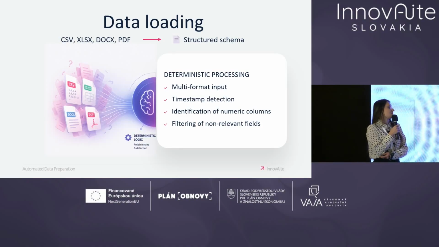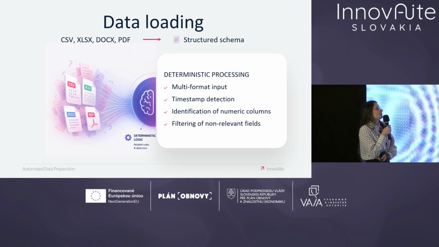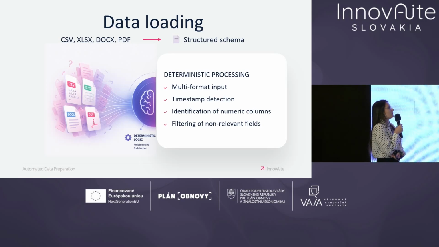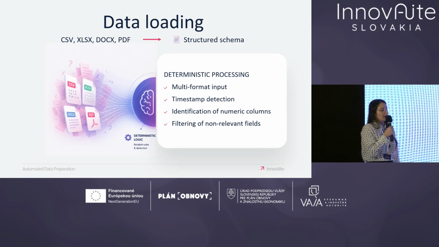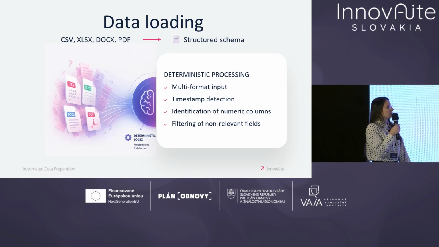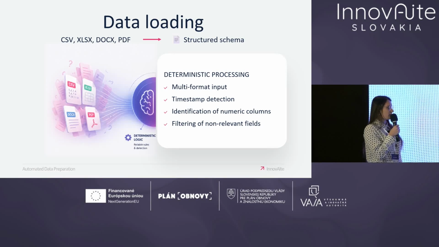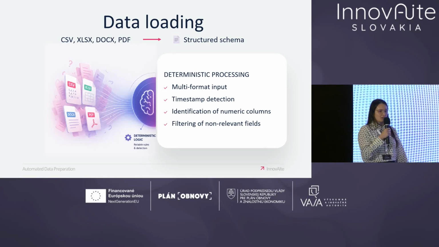It may sound simple, but it's not always true, because very often the data can be in a different format, with different columns. Sometimes we don't know what the columns mean. Some might be missing. This is why we are using 2 approaches, and one is deterministic processing.